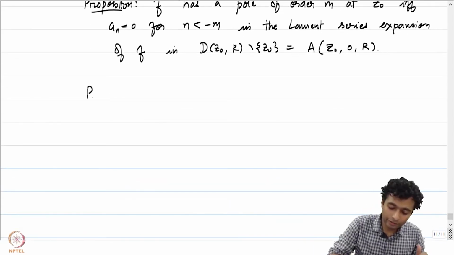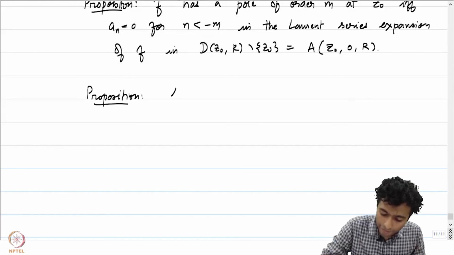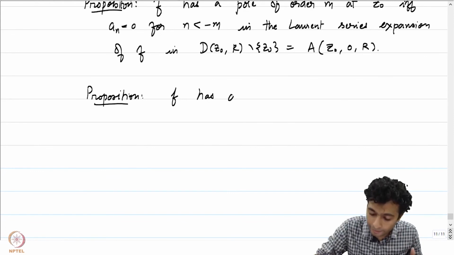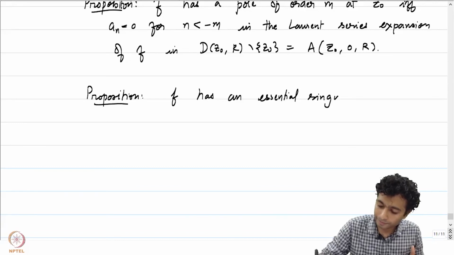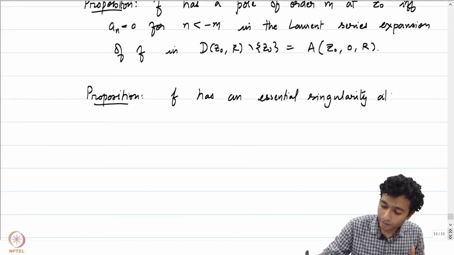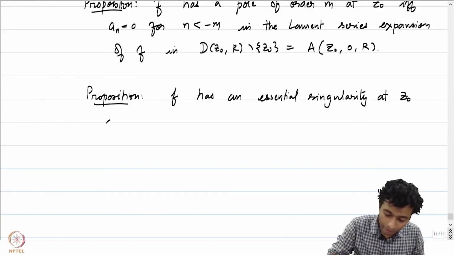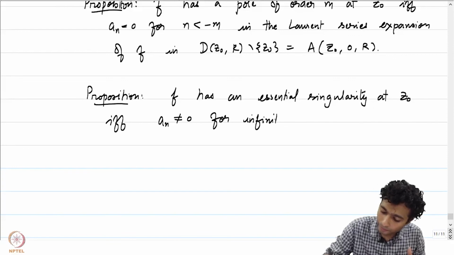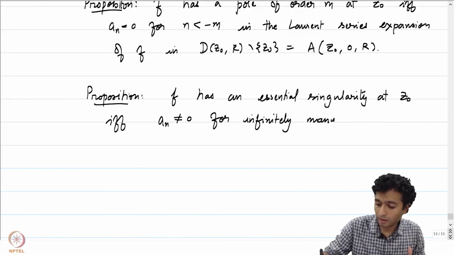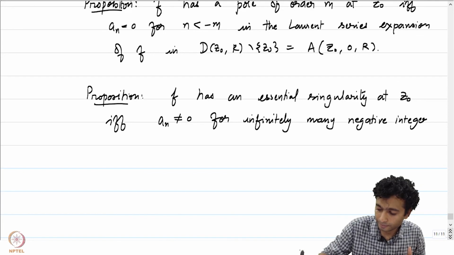And finally, if neither of this happens, that is going to be an essential singularity. f has an essential singularity at z0 if and only if a_n is not equal to 0 for infinitely many negative integers n.